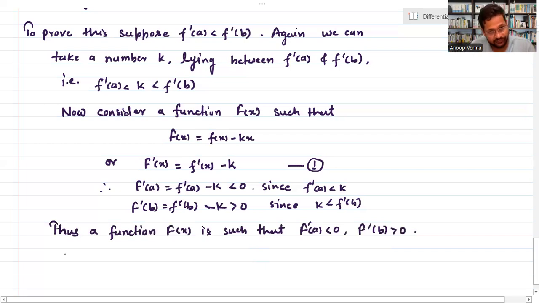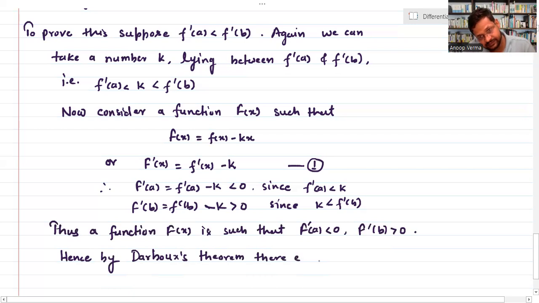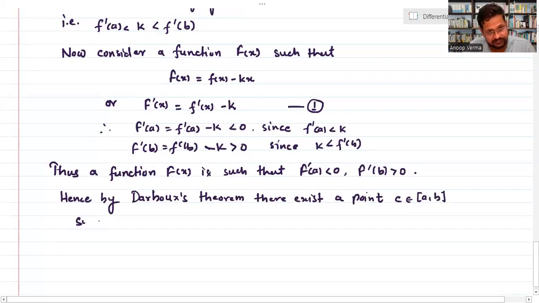So hence by Darboux's theorem, there exists a point c which belongs to the closed interval a comma b such that capital F dash c is equal to 0.